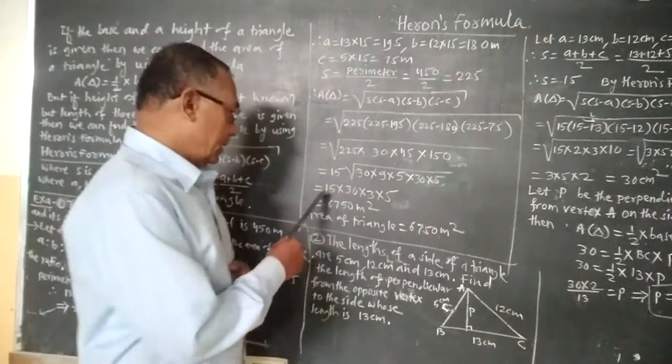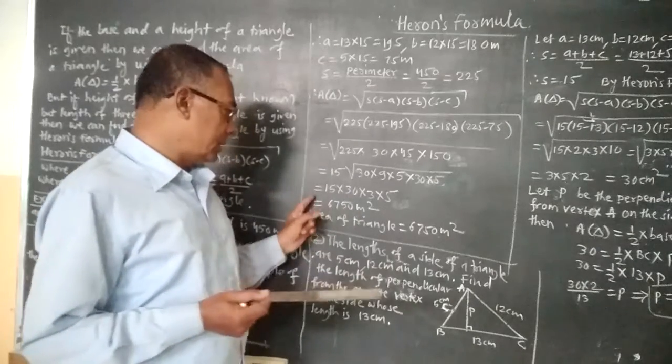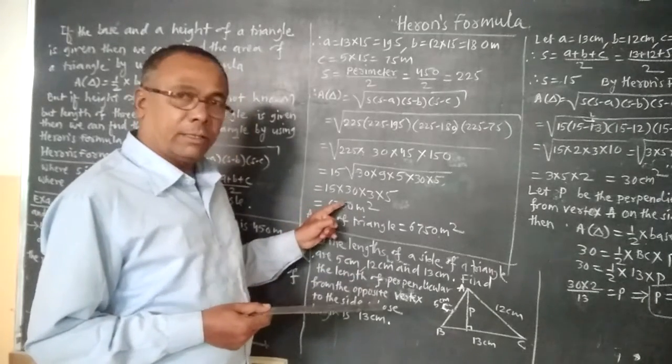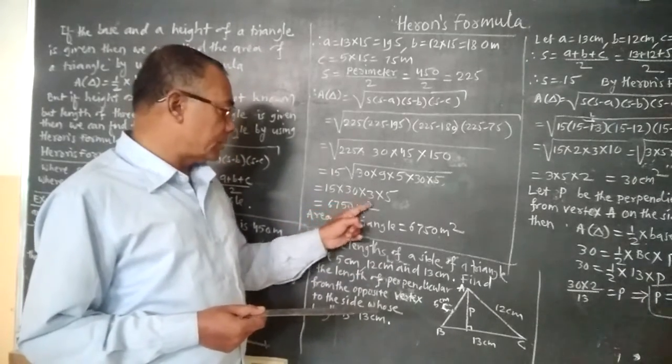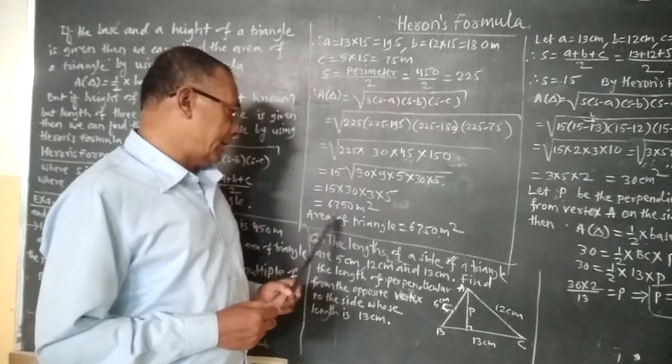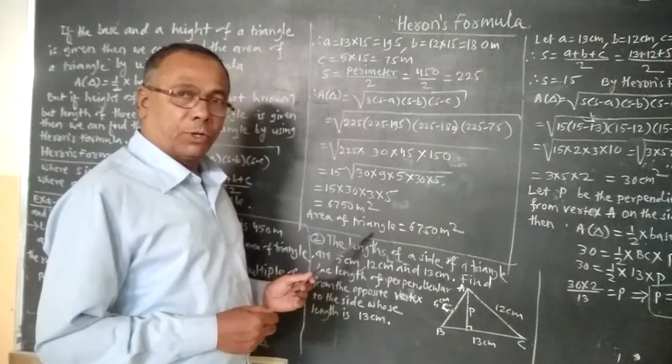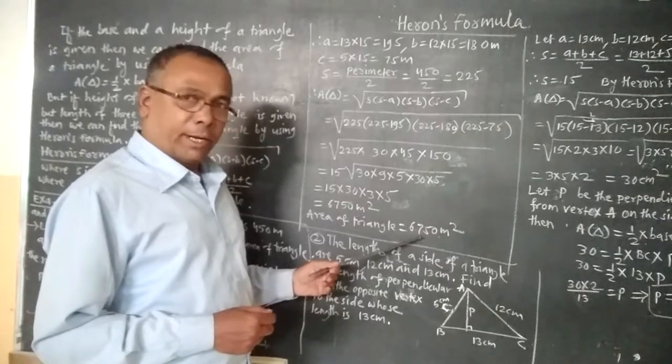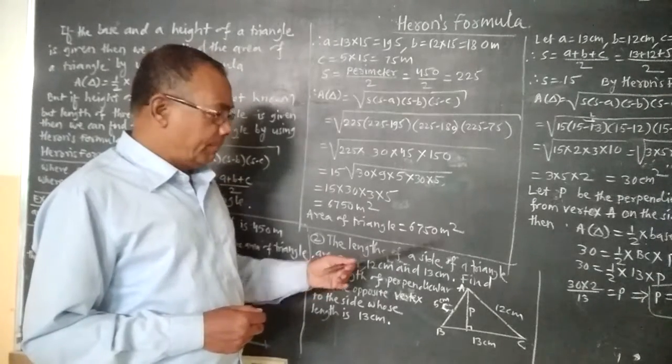In this way, if we multiply, then we will get the value 6750 meter square, and therefore area of the triangle is equal to 6750 meter square.